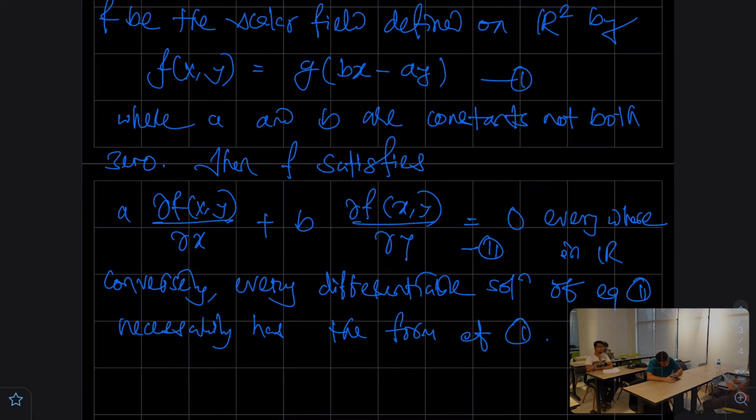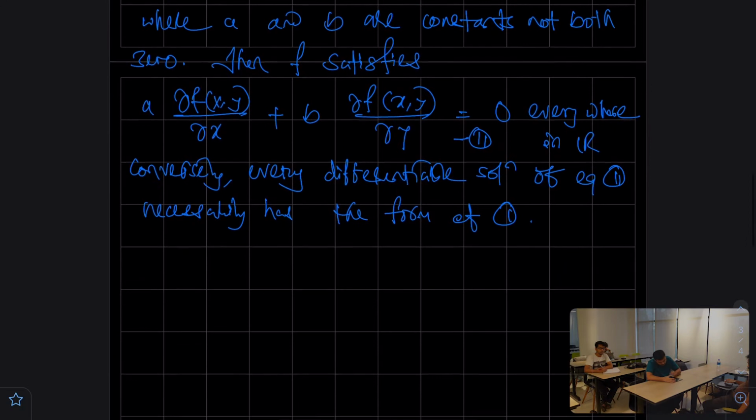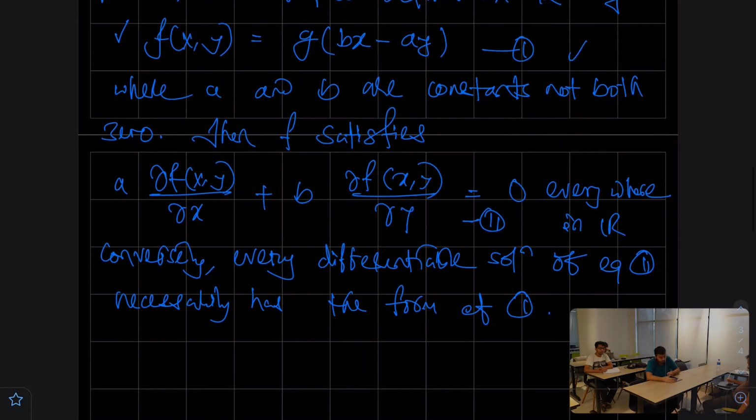Okay, the proof I'm not going to go through because I have already posted the proof, and the proof is essentially making changes of variable and finding out various constraints, basically nailing it down to this. One thing is easy to show, that if this is true, then this is true.